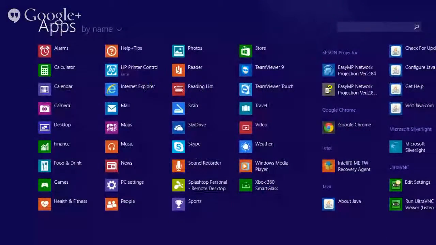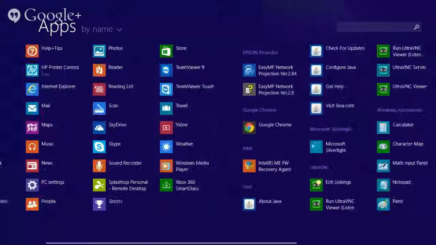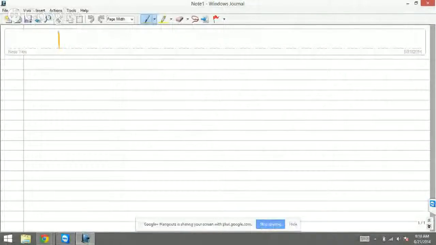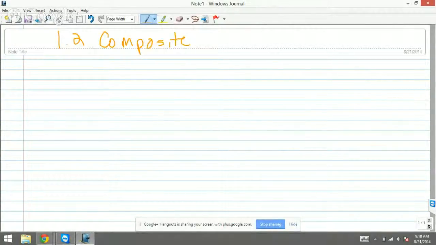So in your books on page 13, at the bottom, there are some difference, product, and quotient rules. So what I just showed you on the calculator.